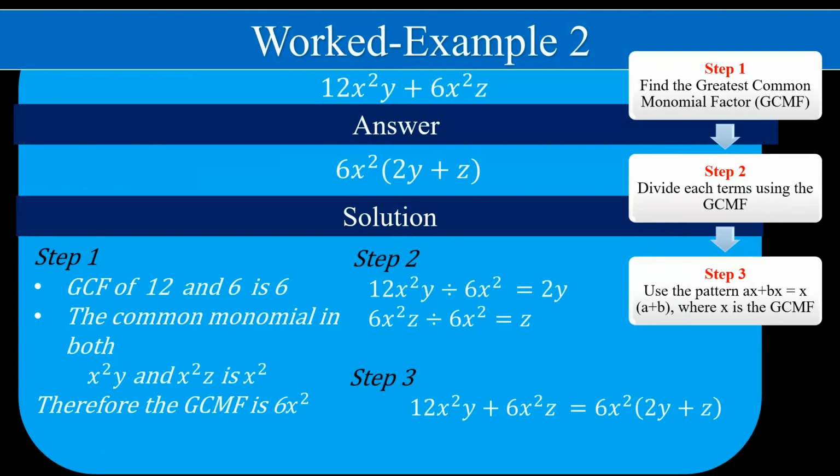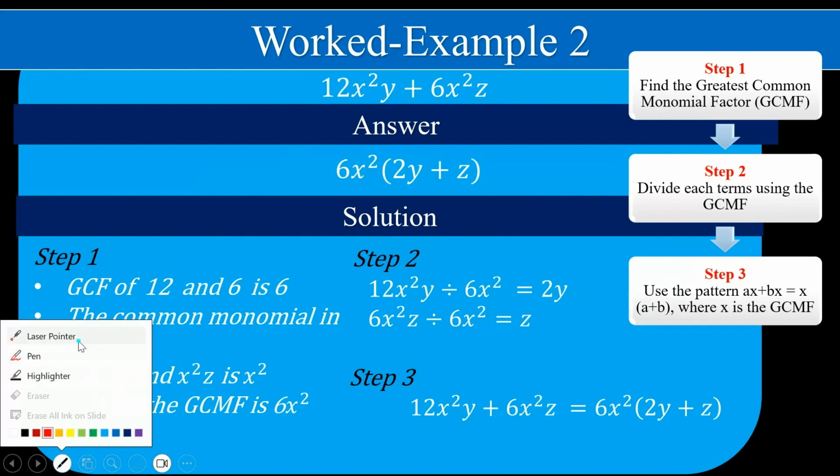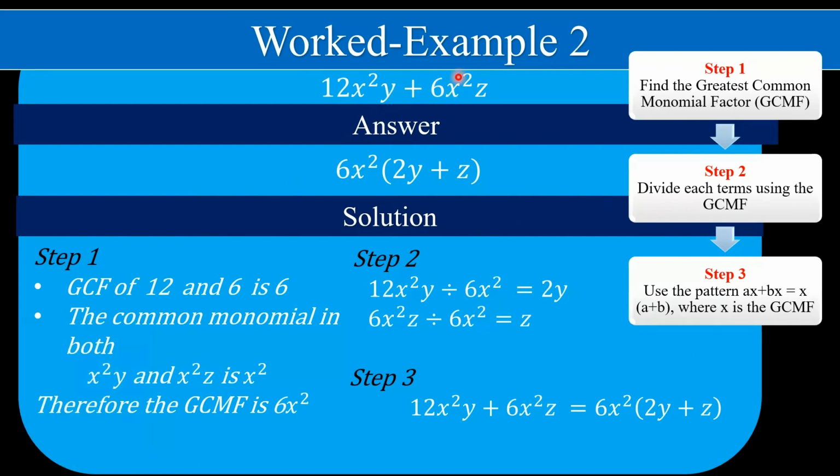Okay, now this is very common, but this is the point of this video, the work example. The work example number 2, in the first part, this is the product, the 12x squared y plus 6x squared z. This is the product.